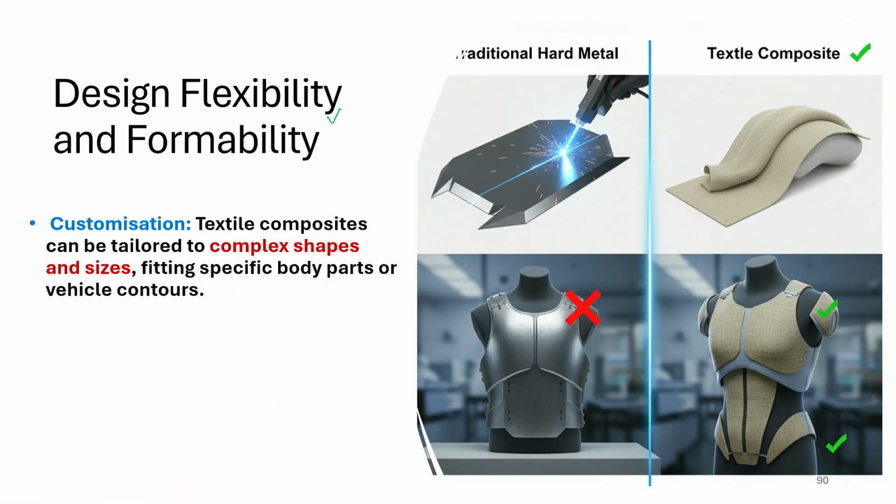So, we can do better customization for different persons, depending on their size and requirement, by using textile composite as the ballistic material. It can be tailored to complex shapes and sizes, but in case of hard metal we cannot tailor it for specific body parts or the vehicle contour.